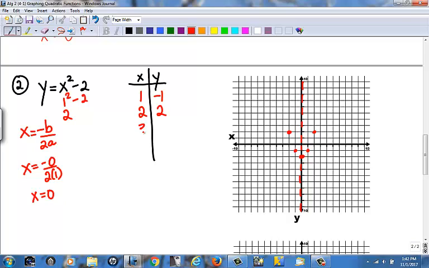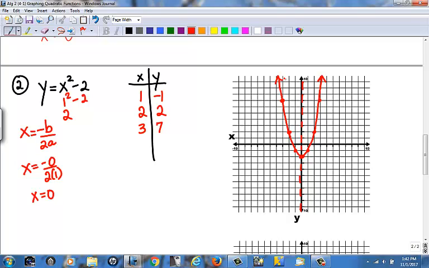Okay, and let's go 3. 3 squared would be 9 minus 2, 7. So go 3, 7. 3, 1, 2, 3, 4, 5, 6, 7. And if that's 3 units to the right of the axis, there's another one over here. Okay, and now connect those. So smooth curve. And there is an arrow on these. It's going to continue.